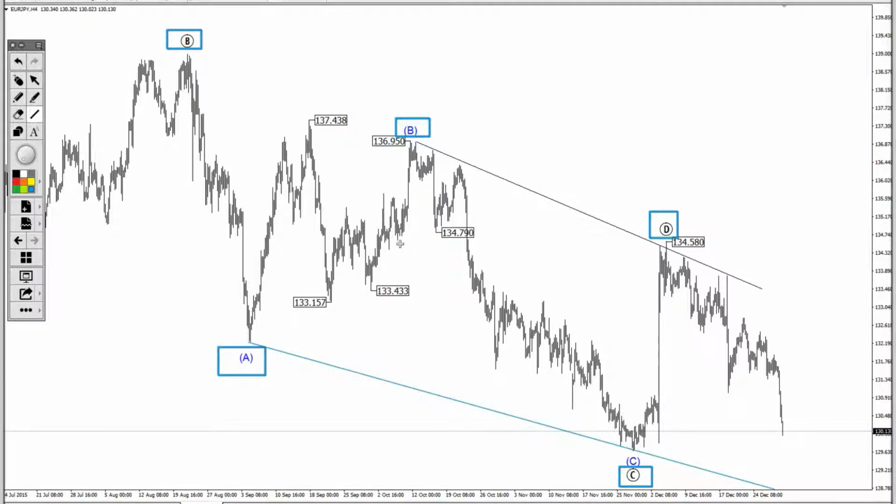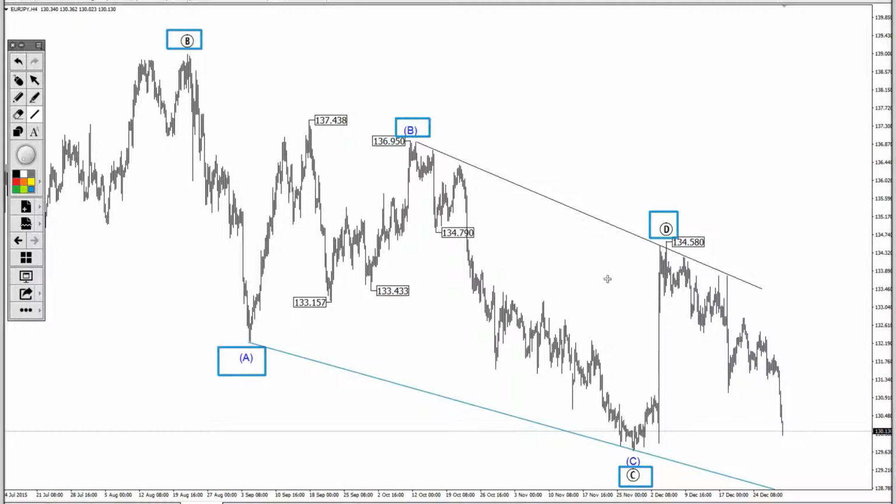This would mean that we have formed some impulsive structure near the previous low, and quite a rapid move higher from the ECB surprise statement all the way up to 134.58 would be a corrective structure, and now we have started the next impulsive wave down. So if we move towards 128.5 and start to move below that, penetrate the lower trend line and continue to decline.